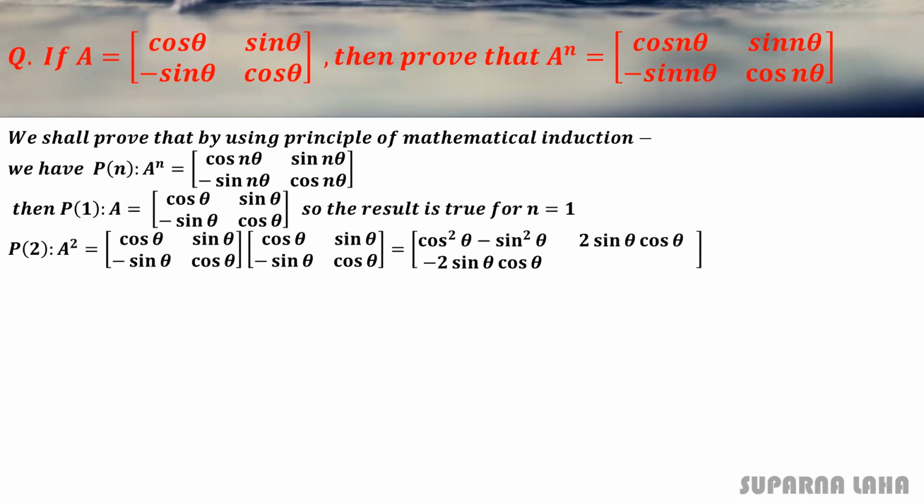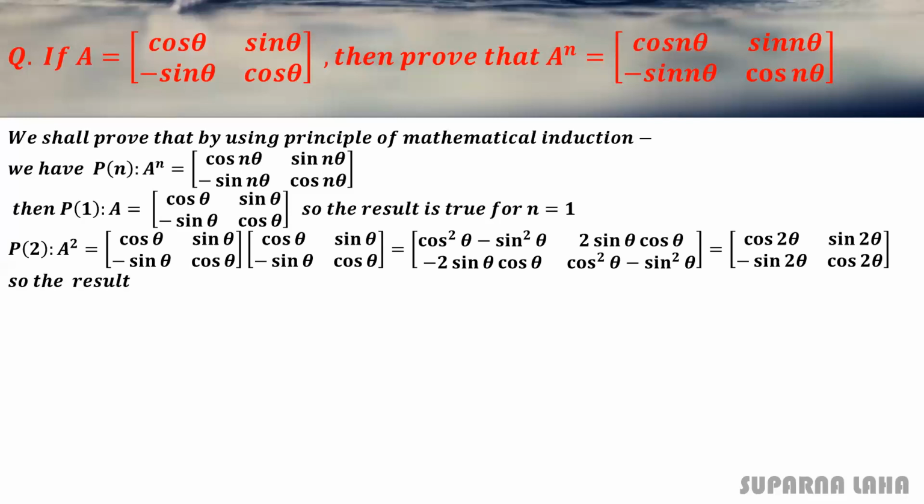The first element is cos square theta minus sin square theta, and like that find all 4 elements, and you will find this matrix is given by cos 2 theta, sin 2 theta, minus sin 2 theta, cos 2 theta. Hence for n is equal to 2, the result is also true.